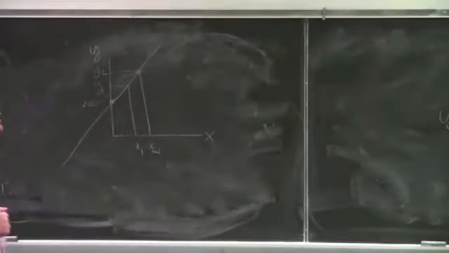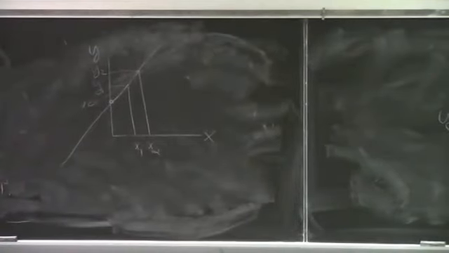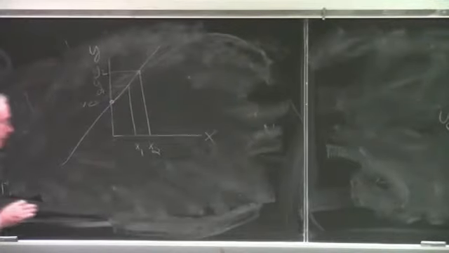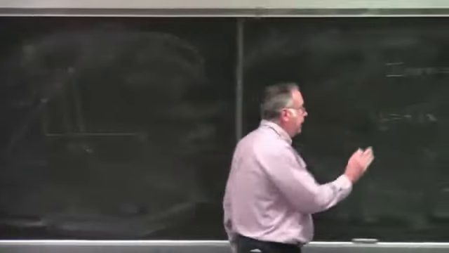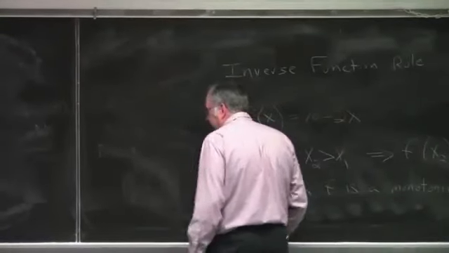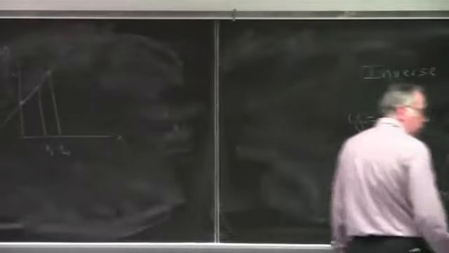Now, what would be a simple way to change this function so that it's a monotonic decreasing function? Yes, let's just change this from a plus to a minus. Now it's a monotonic decreasing function, and its graph would look like this.